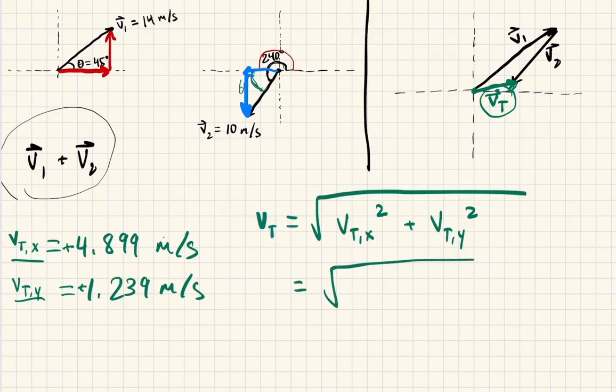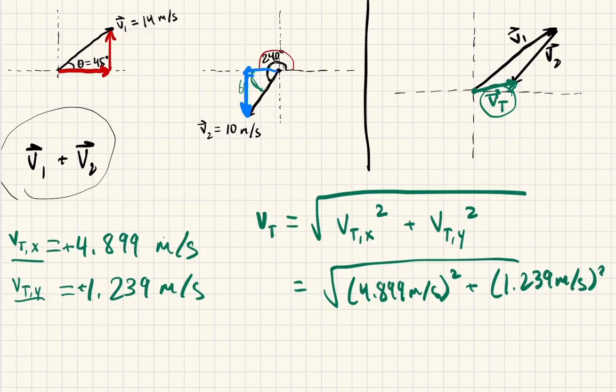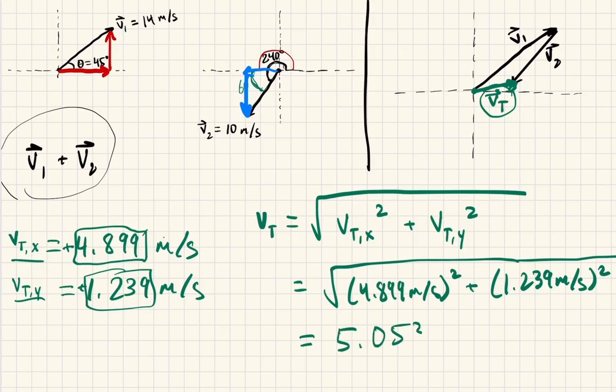And so this will be that, which comes out to be 5.053 meters per second.